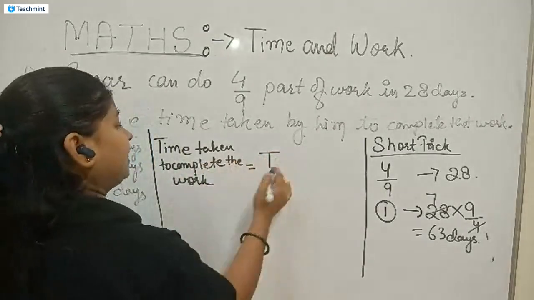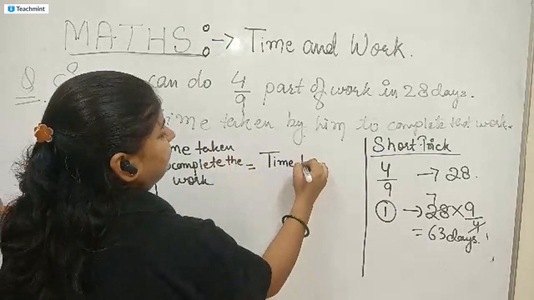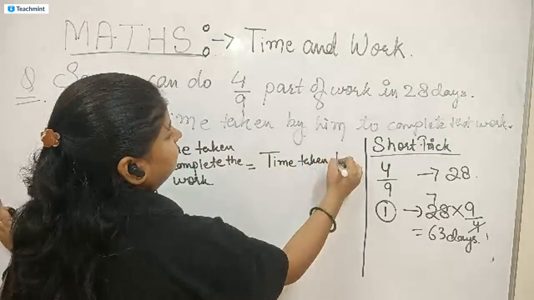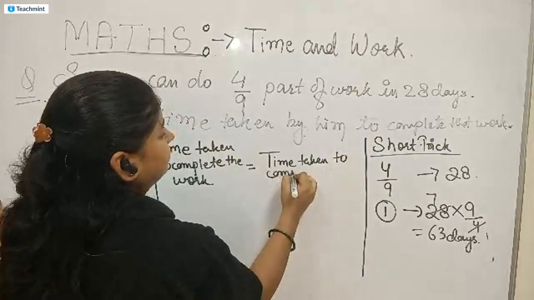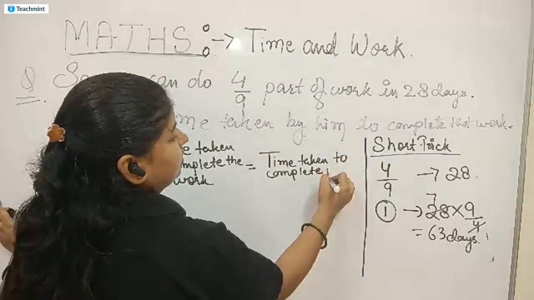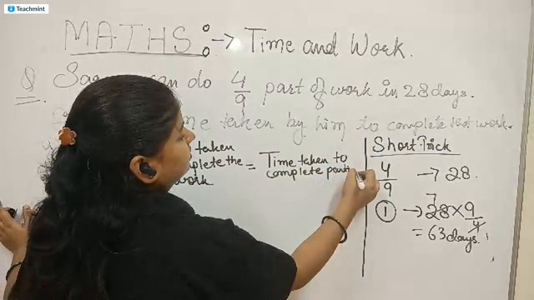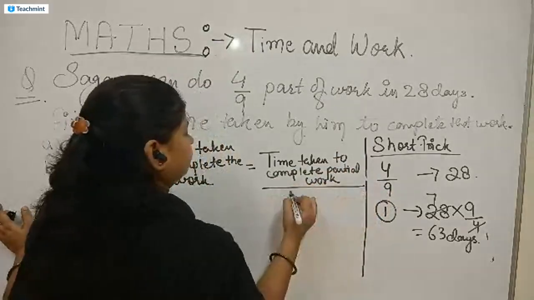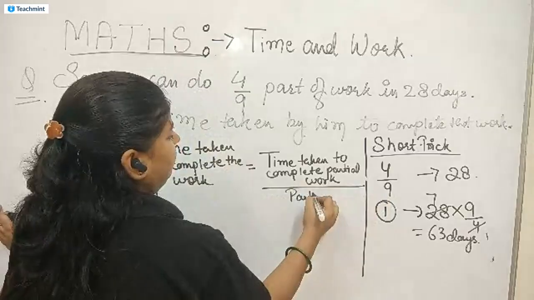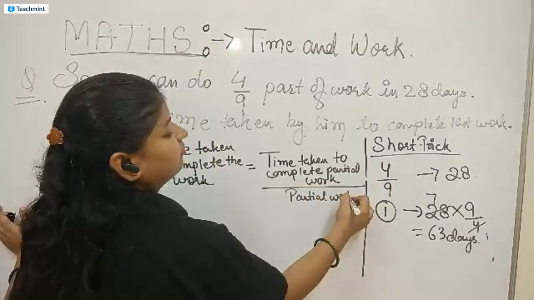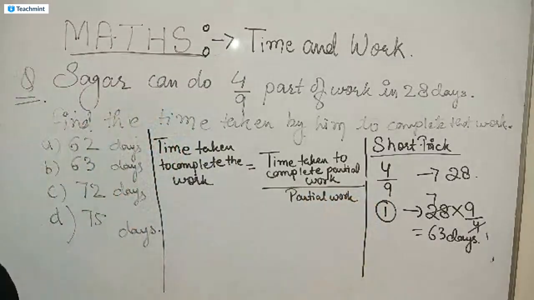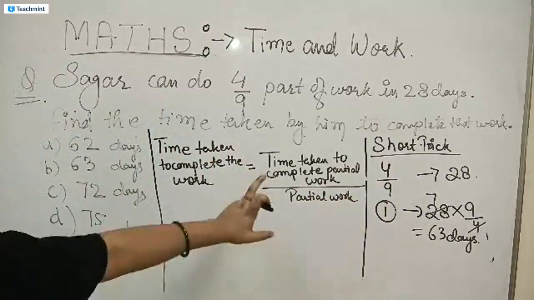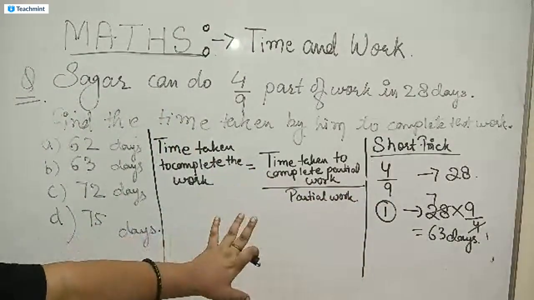Total time taken to complete the work is time taken to complete partial work upon partial work. Partial work means part of work that has been done. This is the formula.